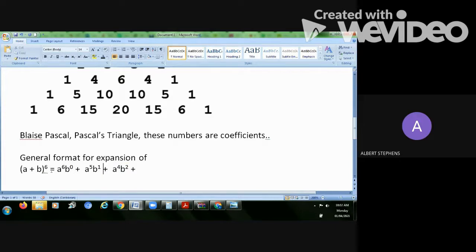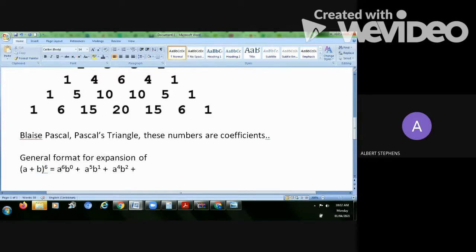Now, to start off your answer, the a is going to be a to the 6. If you have a to the 6, the other one must be b to the 0. Suppose this was 5, that will be 0. The first term takes this power here, and if the first term takes the power, the second term would have to be at 0.